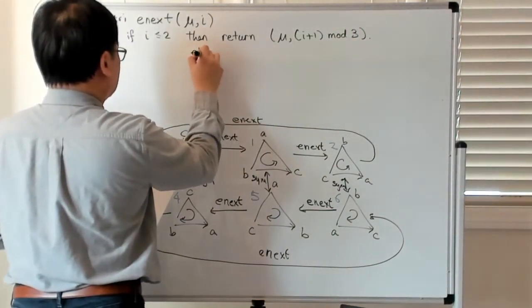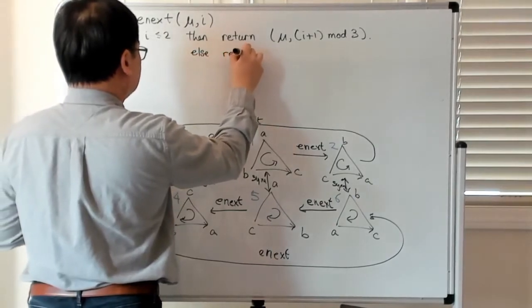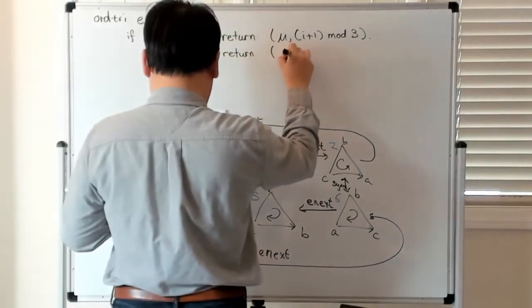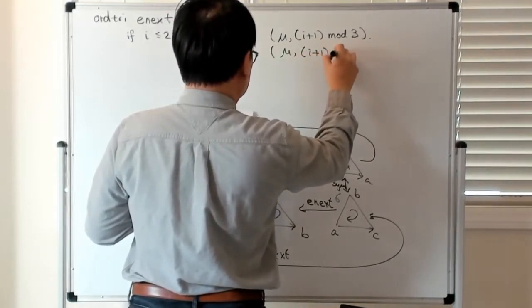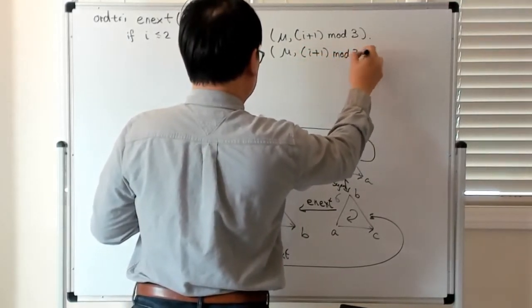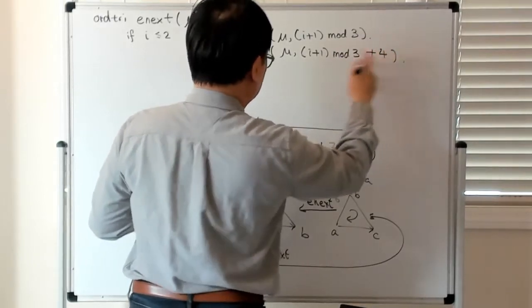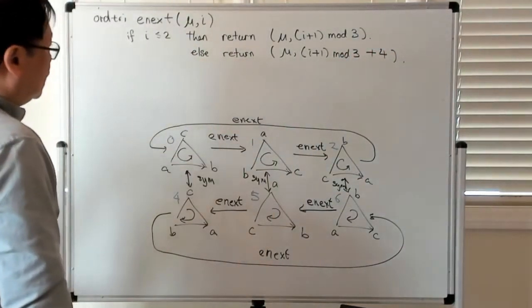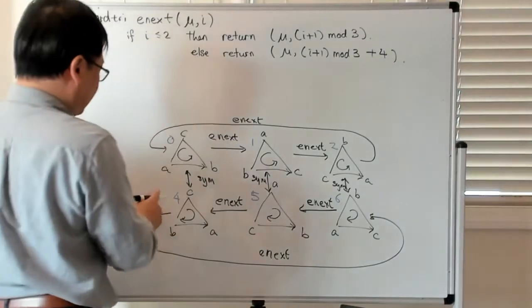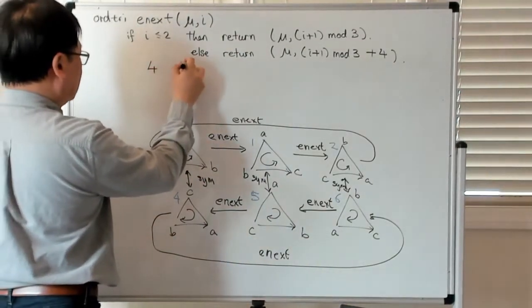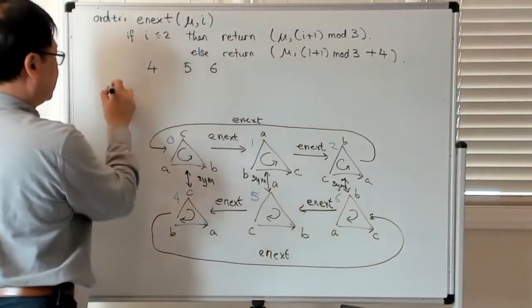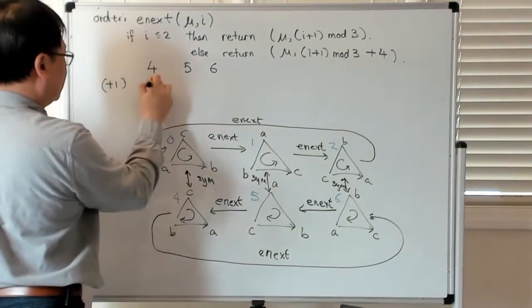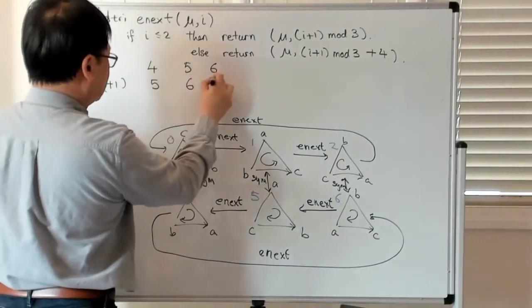Else you return the same triangle again with I plus 1 mod 3 plus 4. That might be a bit more mysterious, but let's see what happens when you do this to 4, 5, and 6. If you add 1, you get 5, 6, and 7.